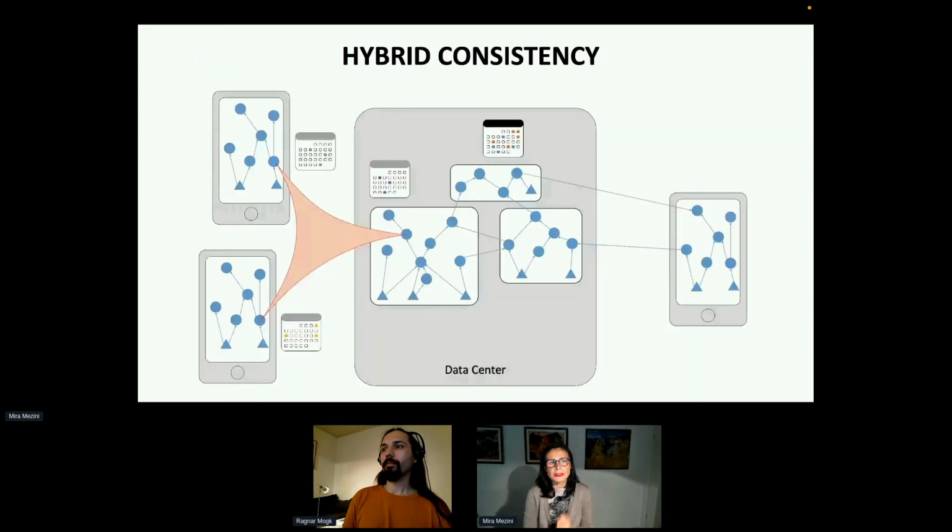To summarize, basically, the state of a REScala application is typically distributed across different nodes. They can be data center nodes, but they can also be devices. The nodes can be connected via stable connections, depicted here on the right, or unreliable connections.